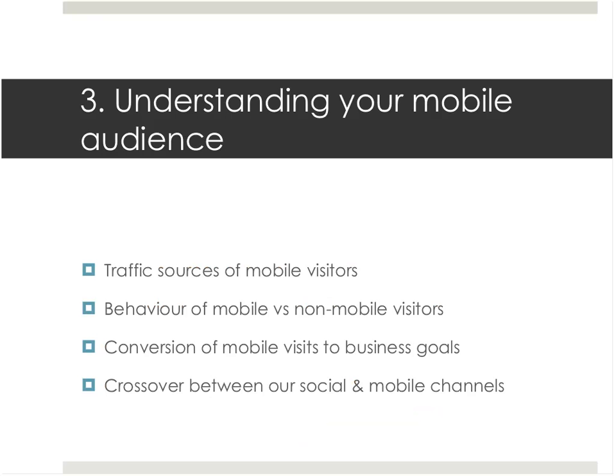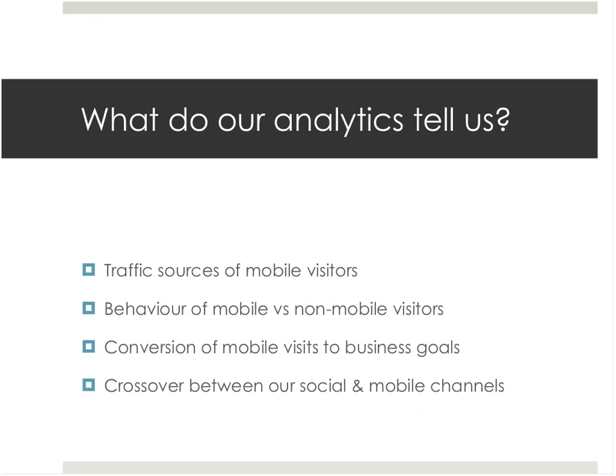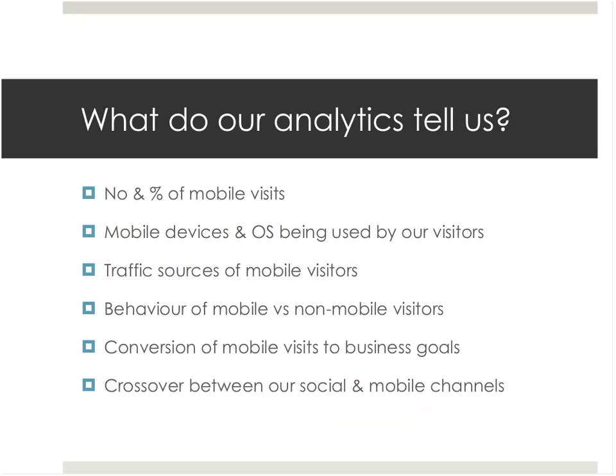So the analytics that we typically have available to us through Google Analytics, Facebook Insights, YouTube Insights, etc., can tell us a number of things. The first thing they can tell us, obviously, is the number and percentage of mobile visits. That statistic I gave you earlier around the stuff we're pulling out for Optimizer is mobile visits as a percentage of your total website visits.